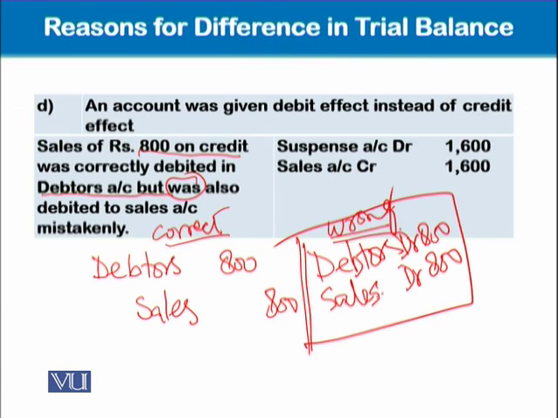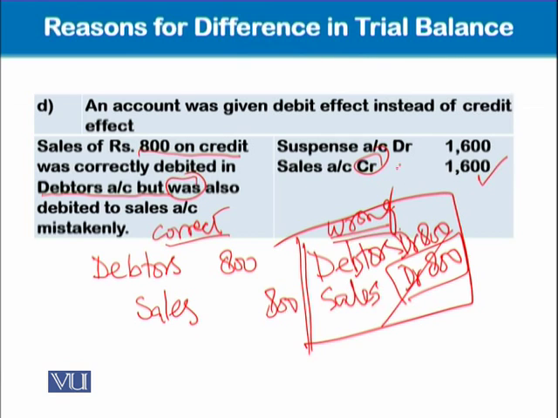Sales account will be credited with double amount. Why? Because a single amount will cancel this debit effect and the second credit will give the sales account the effect of 800. So sales account will be credited with 800.